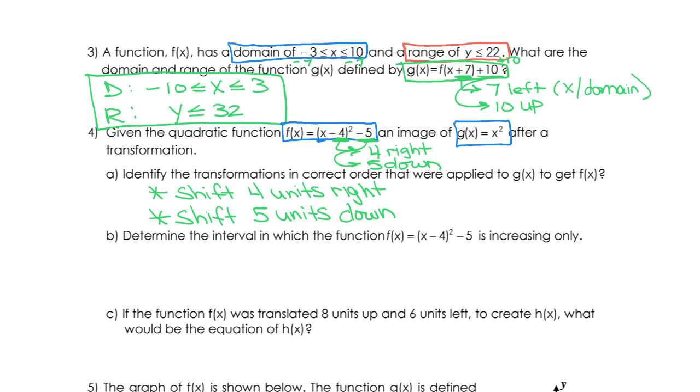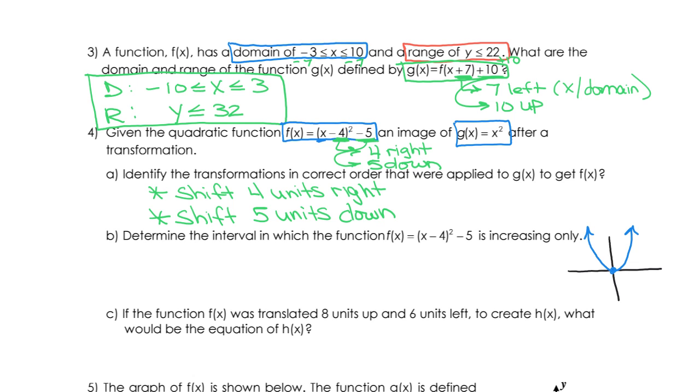Part B says to determine the interval in which the function f of x equals x minus 4 all squared minus 5 is increasing only. So we're going to do a little sketch. We could put it in our calculator if you want, or we can think about it. Remember I told you that this is the parent function, y equals x squared. If you didn't know what that parabola looked like, you could graph it.